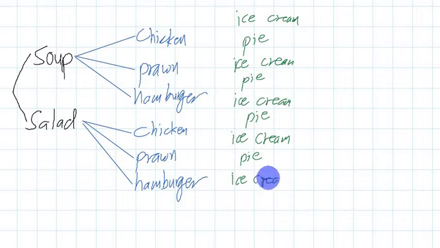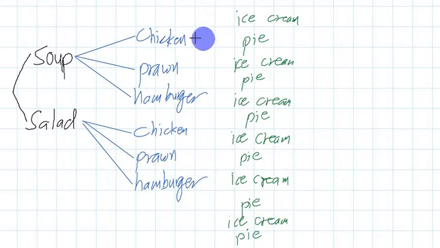So why did I have to list the two choices many times? Because after I had chicken, then I can either have ice cream or pie.